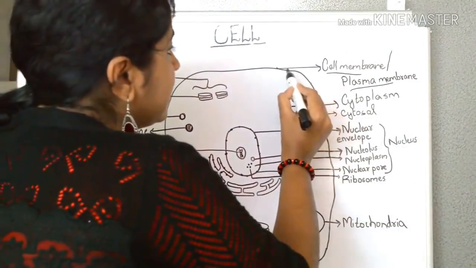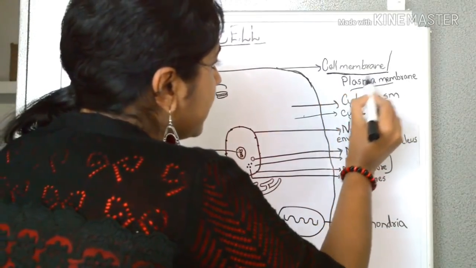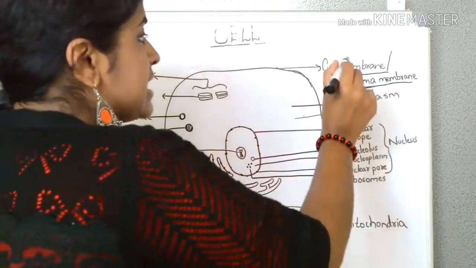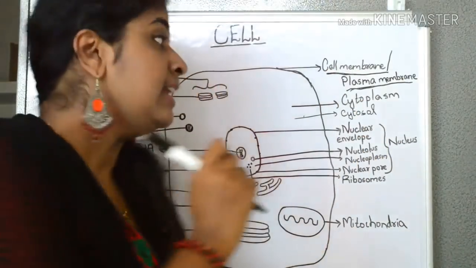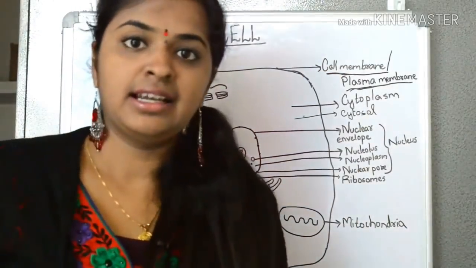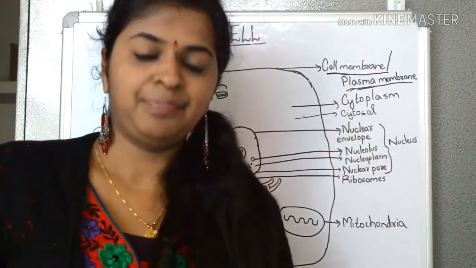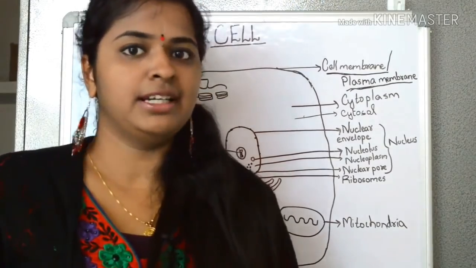The outer membrane of the cell is called the cell membrane or plasma membrane. This cell membrane contains several minute pores which help in influx and outflux of certain particles, like influx of oxygen and outflux of carbon dioxide.